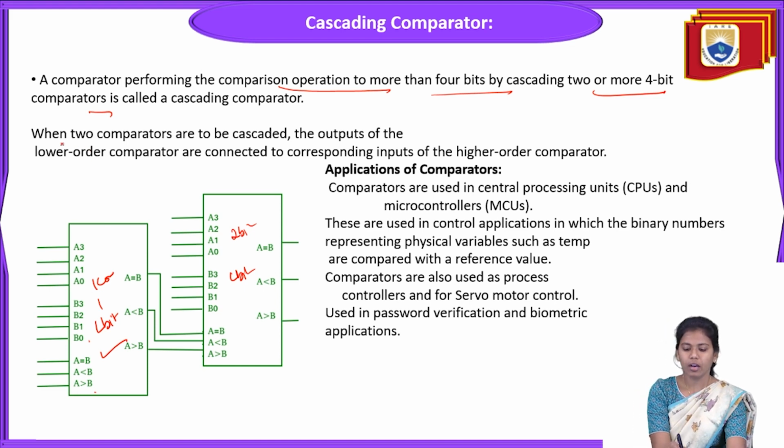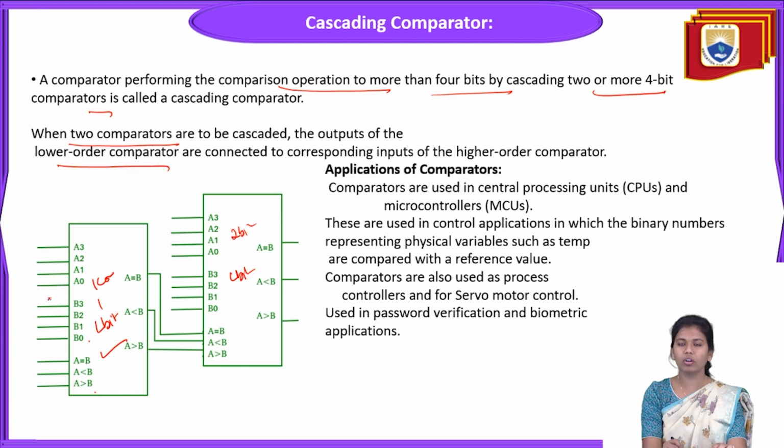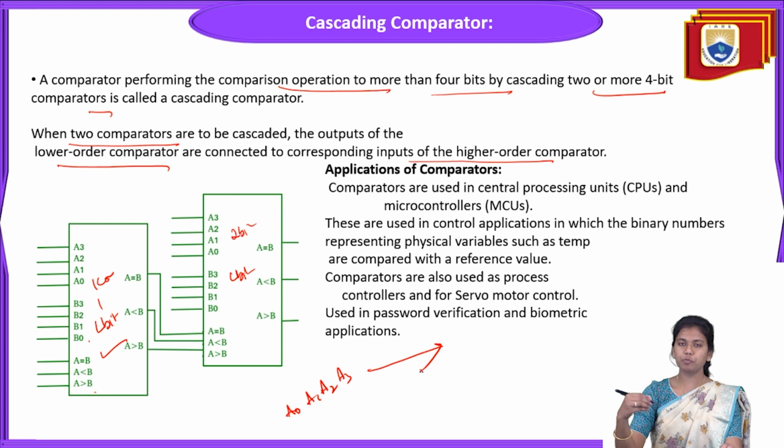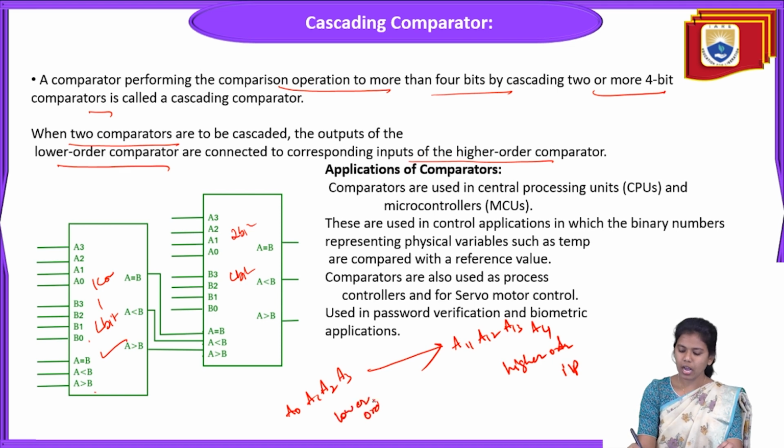When 2 comparators are to be cascaded, the outputs of the lower order comparator are connected to the corresponding inputs of the higher order. So the outputs of the lower order, for A0, A1, A2, A3, are given as the corresponding inputs to the higher order. Those are the higher order inputs, and these are the lower order outputs.